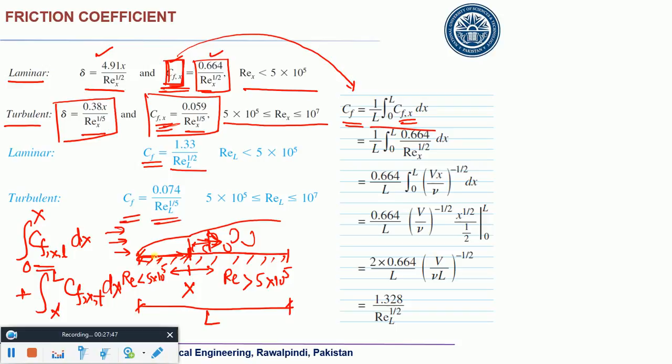Like for example, if these are the limits for the laminar flows, like for this length Reynolds number is less than 5 into 10 raised to power 5, then you would use these limits for laminar relationship, and these limits for turbulent relationship.